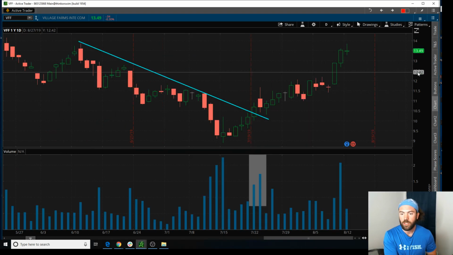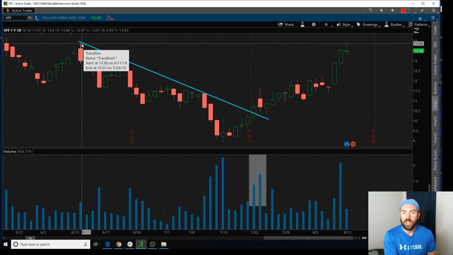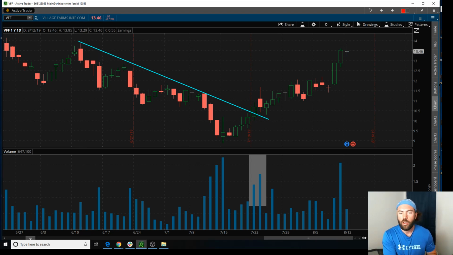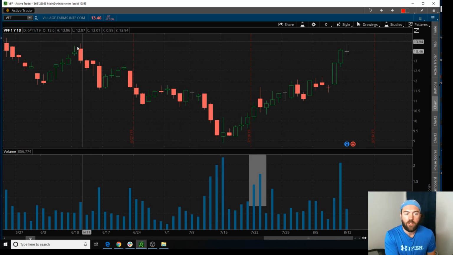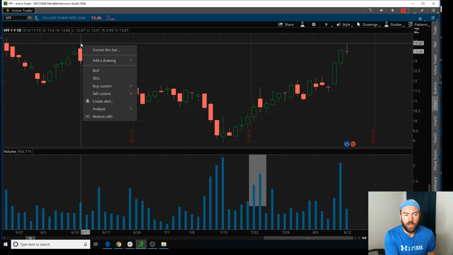Let's actually zoom in on it here a little bit. And you can see all I did, you don't have to use perfect technical lines or anything like that. Here, I'll actually show you how to do it. So go to your platform, wherever your tools are. On mine, for example, it says add drawing, I right click, and then it gets me a little line where it says trend line. First thing, perfect.